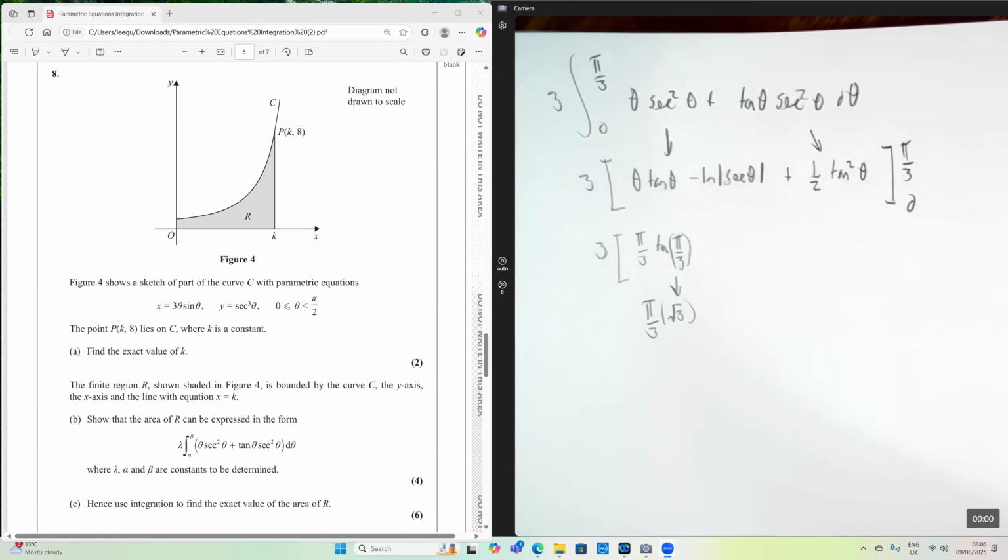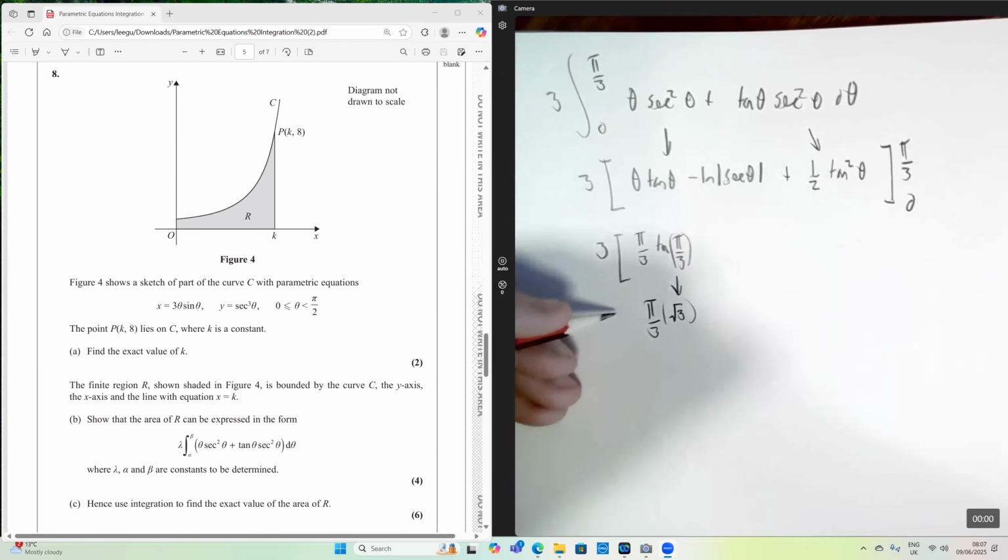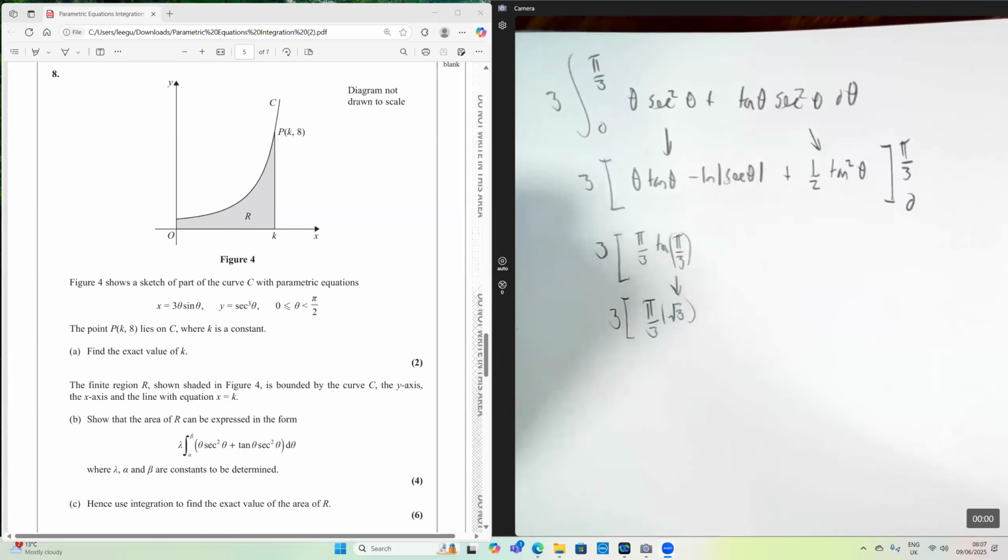Okay, so we've got pi over 3 times root 3, and we've got a 3 outside that whole bracket, but I'll bring that 3 in a moment. Then we've got ln mod sec. So sec of pi over 3 is going to be 1 over cos of pi over 3. Cos of pi over 3 is a half, and 1 over a half is 2.